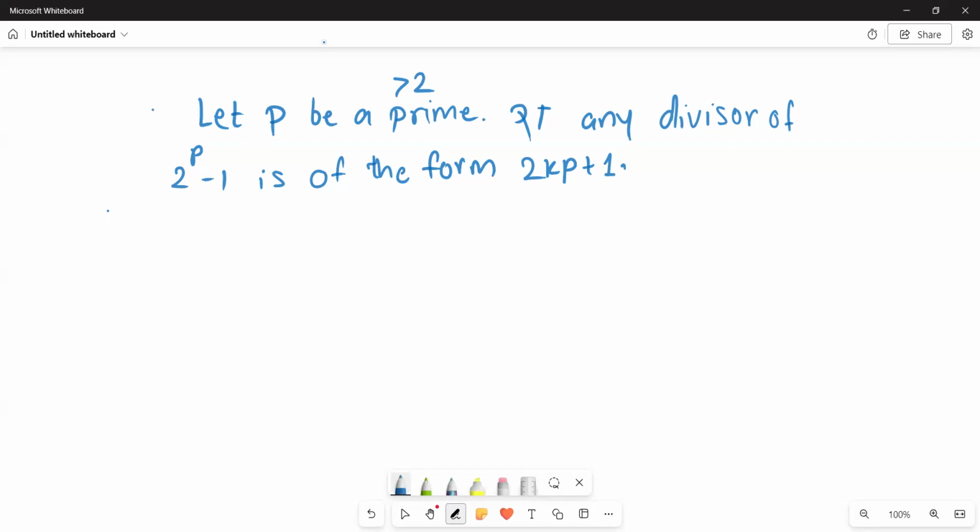Okay, so the divisor of 2 to the power P minus 1 should always be odd, right? Because this is an odd number.